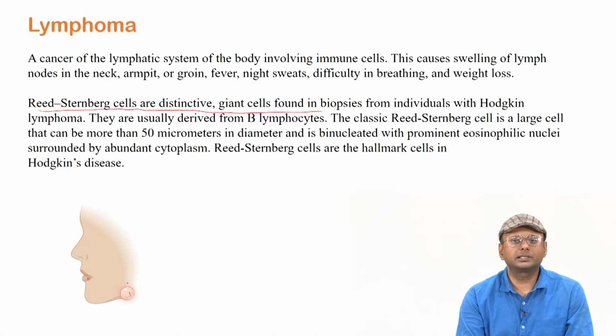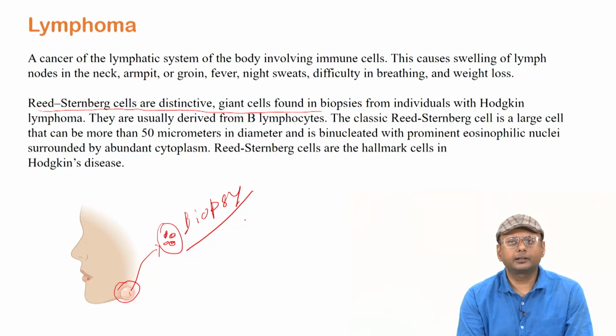In cases of lymphoma, if the doctor collects some tissue during the biopsy and analyzes the cells by histology or another molecular technique, they can observe certain large cells which are distinctive, called Reed-Sternberg cells.